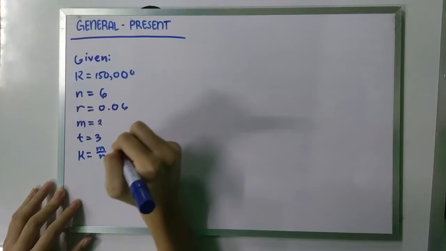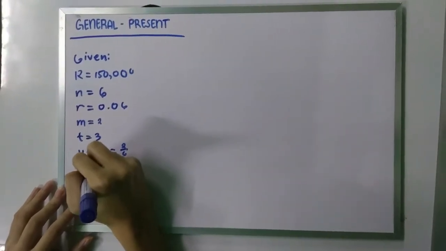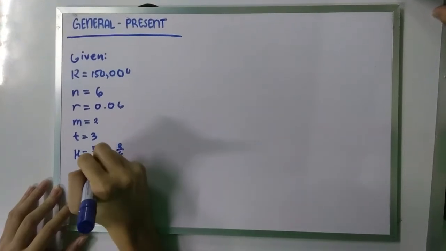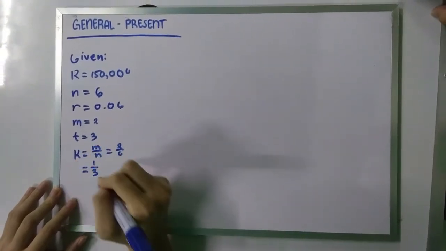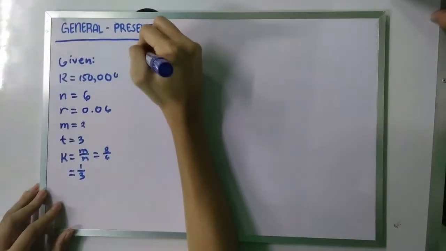Our k, which is m over n, is 2 over 6, so 2 divided by 6 is equal to 1/3.